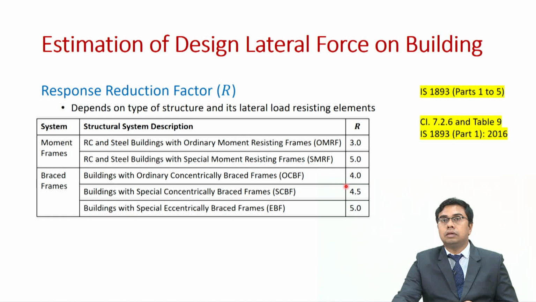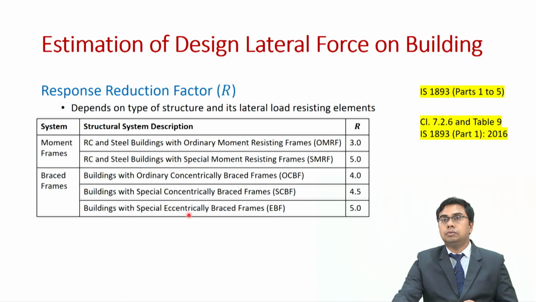Now, at this point I would like to say that these braced frames usually have higher stiffness compared to moment resisting frames and therefore have limited displacement in the lateral direction, which means they can have a higher value of response reduction factor. And again, the difference between OCBF and SCBF is very similar: if you follow the ductile detailing provisions, then it will be called a special concentrically braced frame. If you do not follow the ductile detailing provisions, then your frame shall be OCBF.